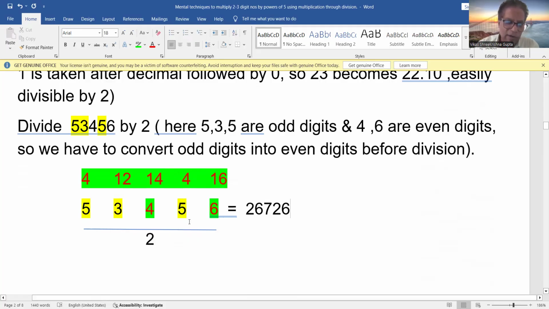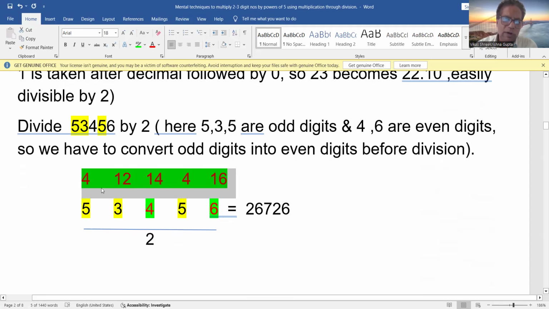So after converting 53456, where 4 and 6 are already even and I have converted all the odd digits 5, 3 and 5 into even numbers, the number becomes 4, 12, 14, 4, 16, and it's very easy to divide this number by 2 because all the digits are now even.